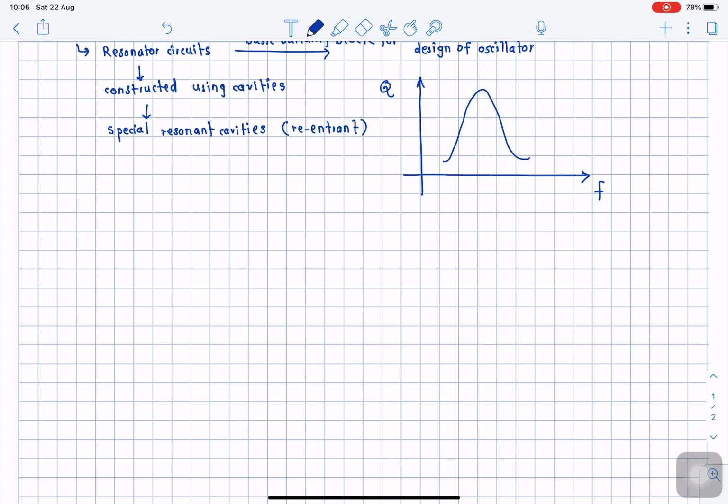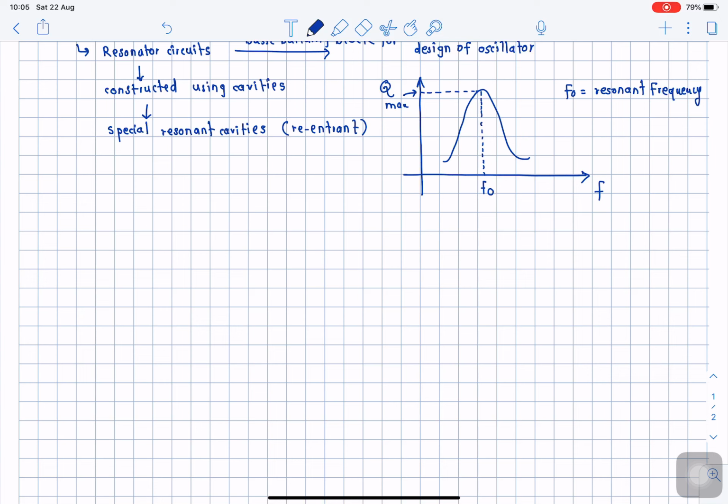At a particular frequency of operation, the value of the quality factor is maximum. The frequency at which the quality factor is highest we call the resonant frequency. So f0 over here, where the quality factor is very high, is called the resonant frequency of that resonator.